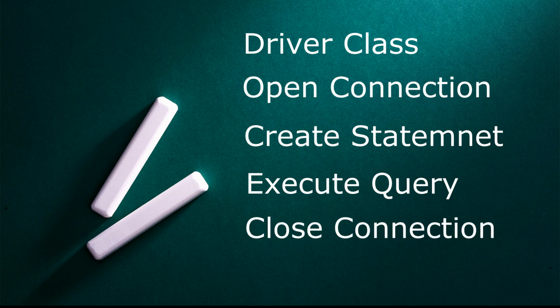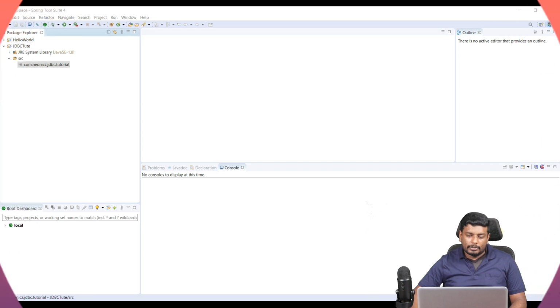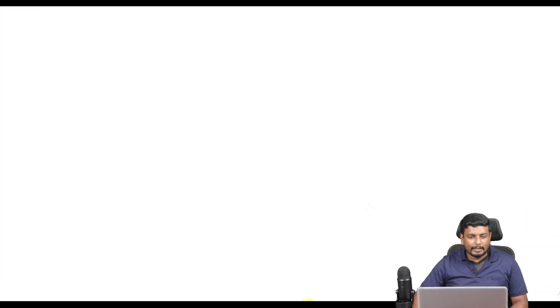So where are we going to get the driver class? We need to get the appropriate database connectivity driver libraries from the Maven repository, where I am downloading the files. I'll show you how to download the MySQL connector jar file.